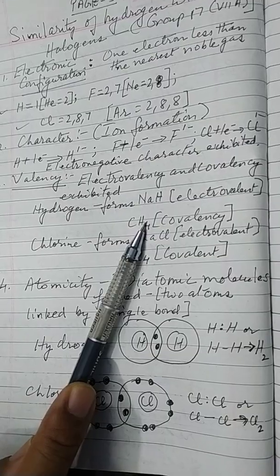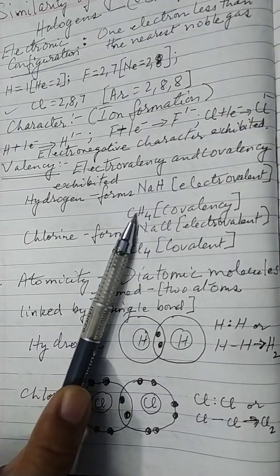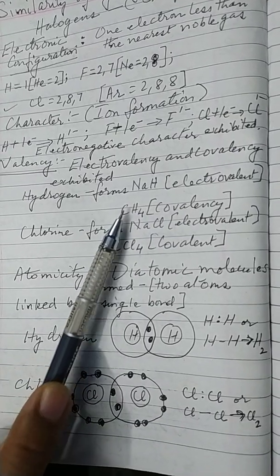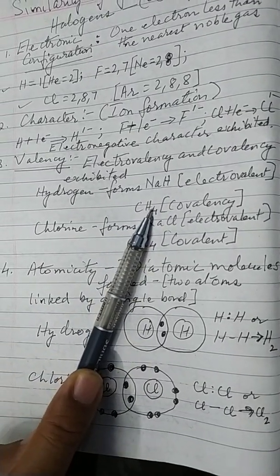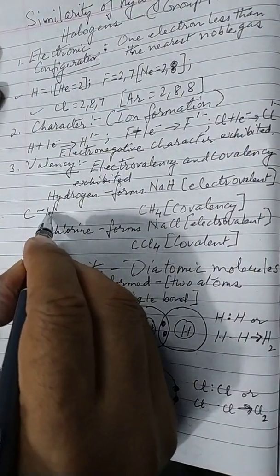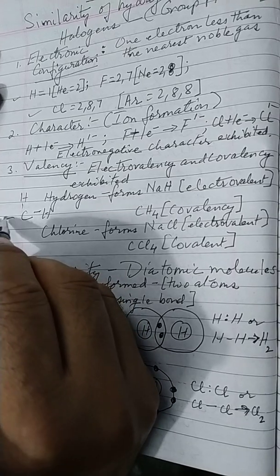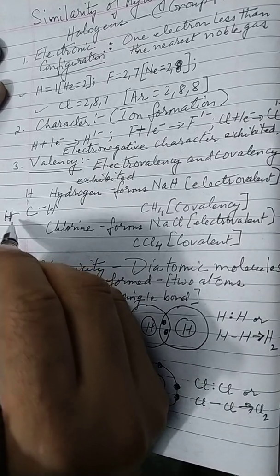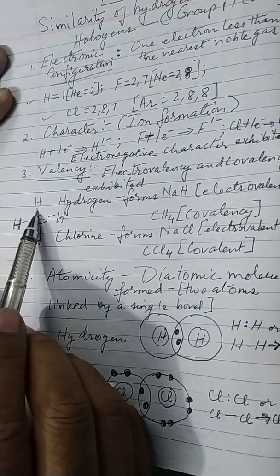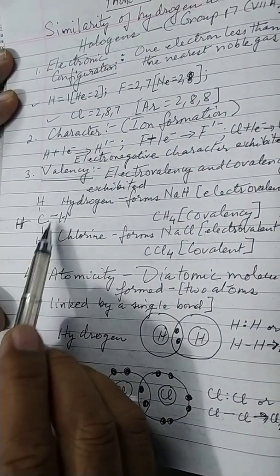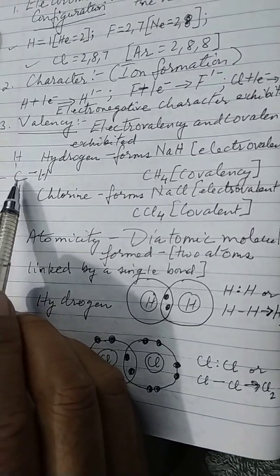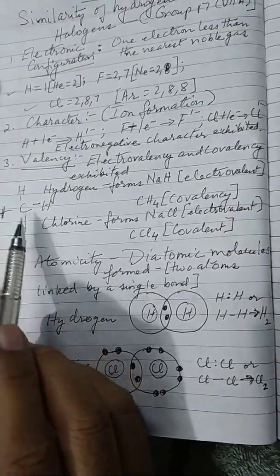It combines 4 hydrogens with carbon by sharing of electrons. So 4 single covalent bonds are formed. If you remember, we formed them like this when we had studied the bonding chapter. So this was covalency. 1, 2, 3, 4. 4 single covalent bonds by sharing 1 pair of electrons between carbon and each hydrogen.